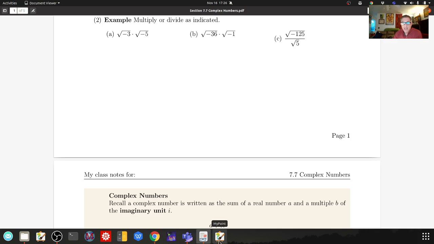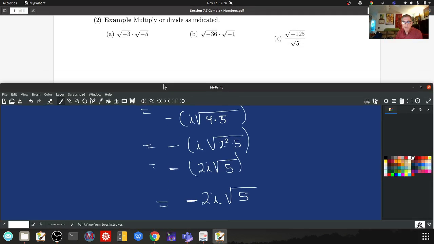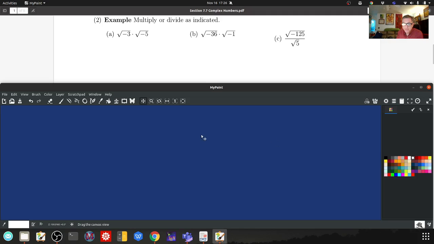That theorem says that if you have the square root of a times the square root of b, the theorem states, if a and b are real numbers, I'm just being lazy today, then the square root of a times the square root of b is equal to the square root of a times b.